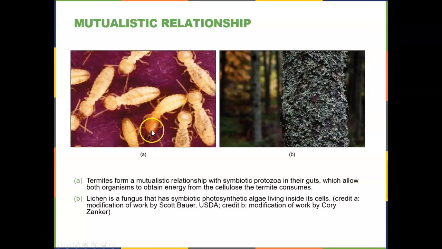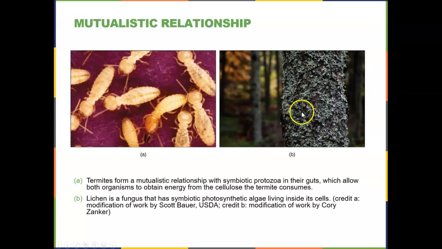The termite will eat wood. The protist with the bacteria inside is able to digest the wood where the termite can't. And so the energy that comes from the wood, the cellulose, the protist gets some of the energy, the bacteria gets some of the energy, and the termite gets some of the energy.